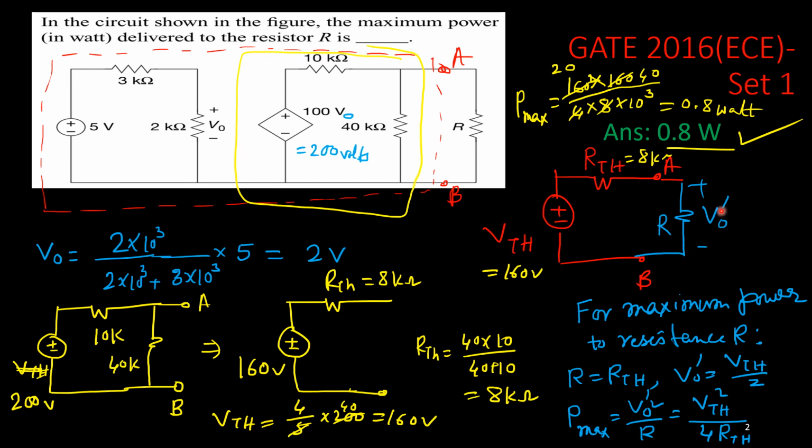In that case, the maximum power would be VTH square by 4 RTH. So first we considered this subnetwork, found that VTH is 160, RTH is 8 kilo ohm, and we got the maximum power, 0.8 watt.